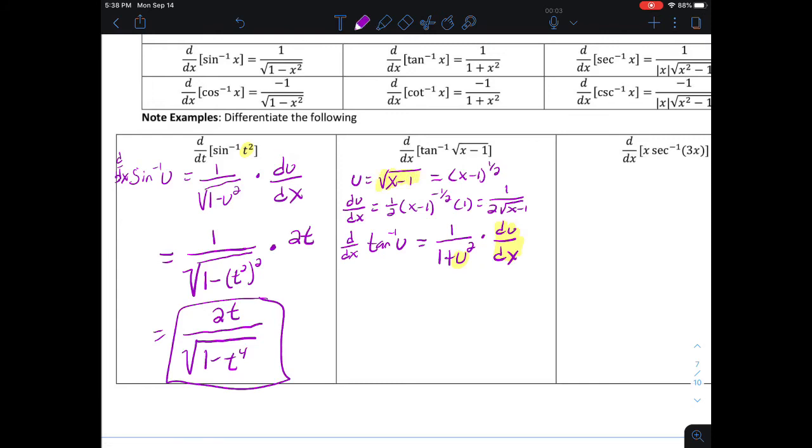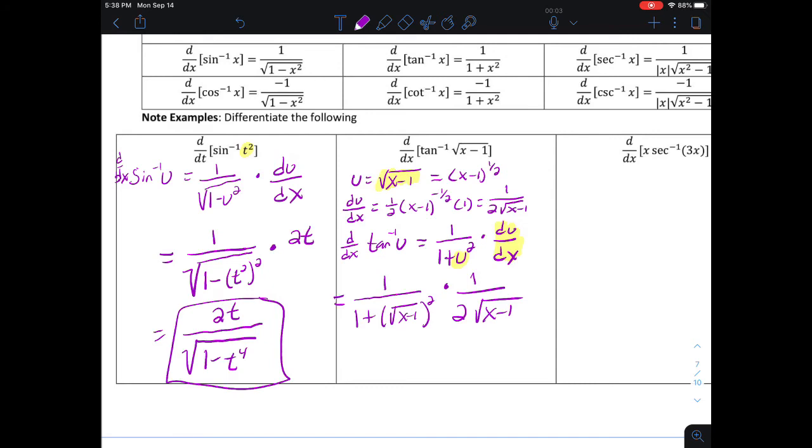And so our derivative of inverse tangent of the square root of x minus 1 would be 1 over 1 plus the square root of x minus 1 squared, times 1 over 2 times the square root of x minus 1.